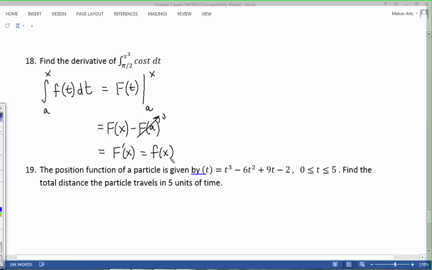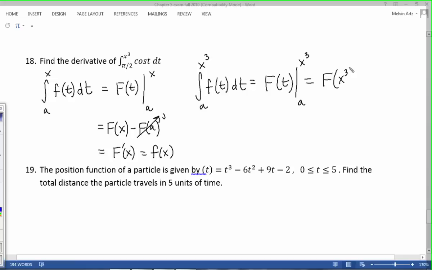Now, if we have an integral where we're going from a to x cubed, let's say, our antiderivative is f of t. We're going to evaluate it from a to x cubed. So we'd have f of x cubed minus f of a. But this is asking us to find the derivative.